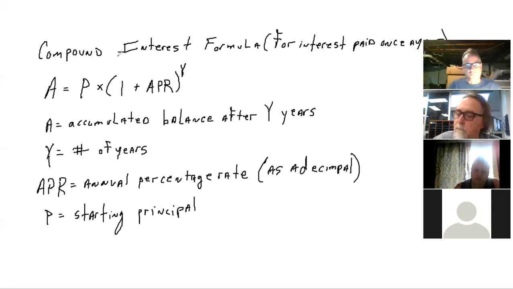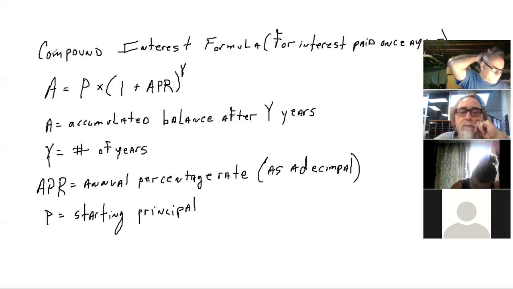The way it works in the formula, you would put in how much you want to invest, say $5,000. Let's say it was at a 3% APR. Then you would put 0.03 right here. And let's say you wanted to know the amount of interest earned after 5 years. Then you would put 5 up here in the exponent. Then you would just do the arithmetic, and A would come out to be how much money you would have over that 5-year period.